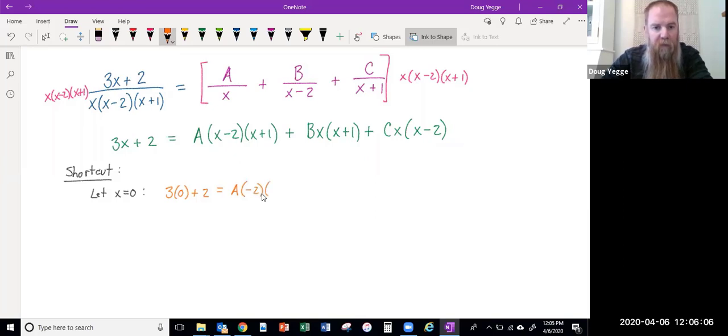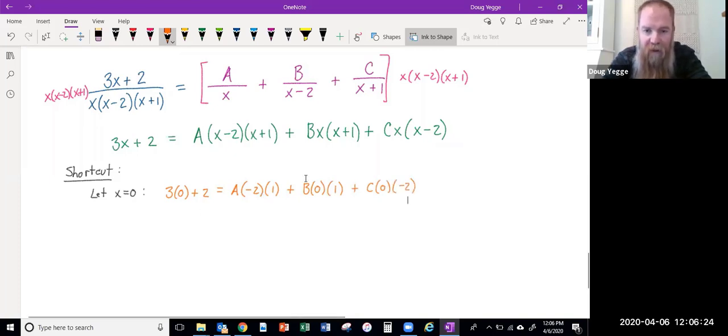And then 0 plus 1 is just 1. Plus b times 0 times 0 plus 1, which is 1. Plus c times 0 plus 0 minus 2 is negative 2.